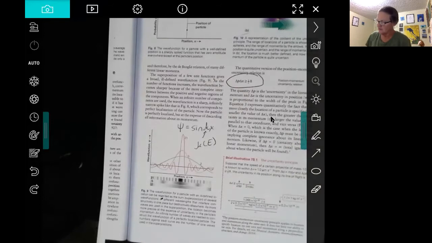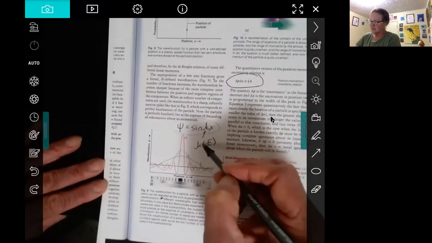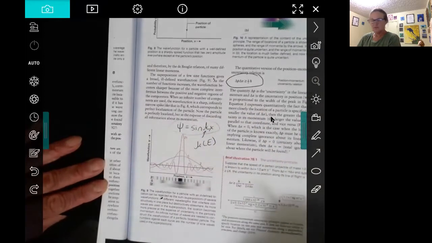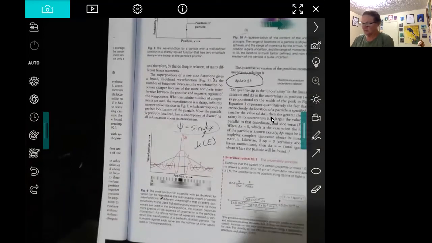And vice versa, if you have only one sine function where you know exactly the energy, then the wave is spread out to infinity and you know nothing about where it is. So those two diagrams should help you think a little bit about the properties of a sine function and how they can help you visualize the Heisenberg's uncertainty principle.